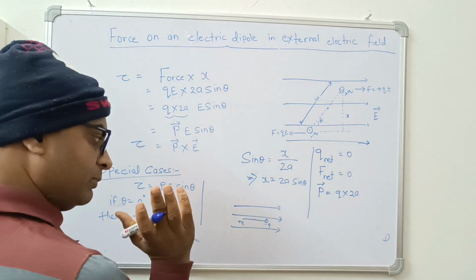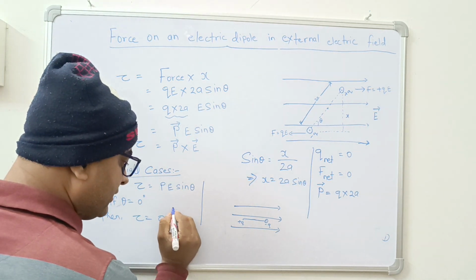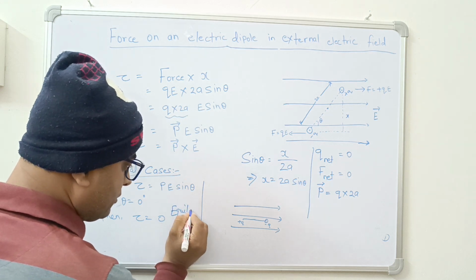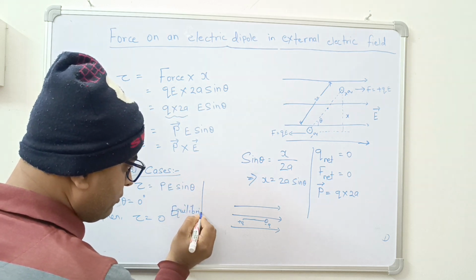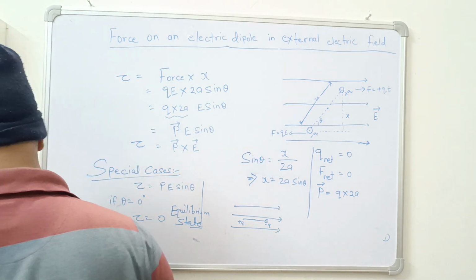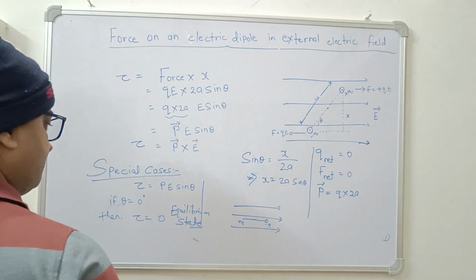And one more thing I forgot to add: if torque is 0, then this is the equilibrium state. This is called stable equilibrium, you can say.